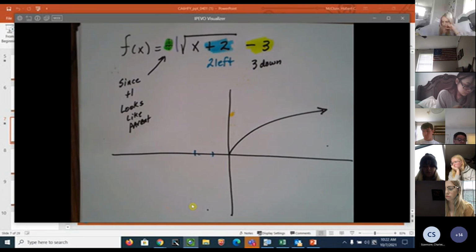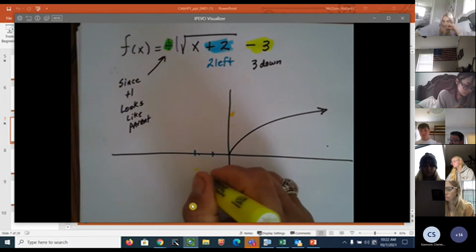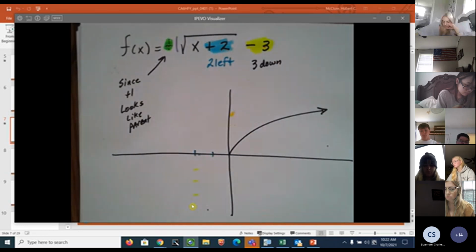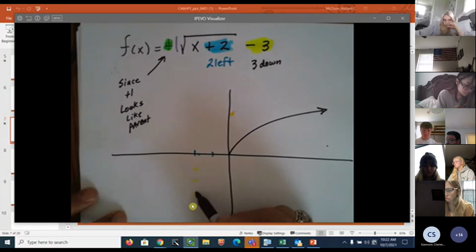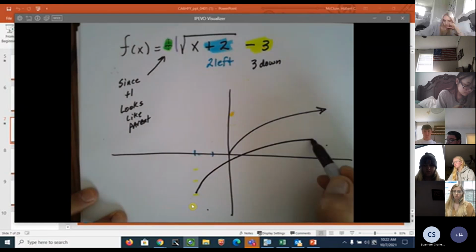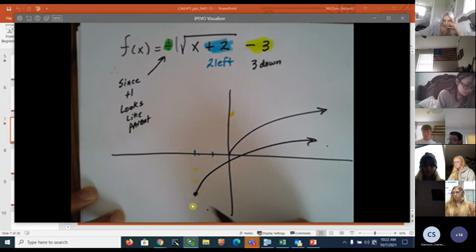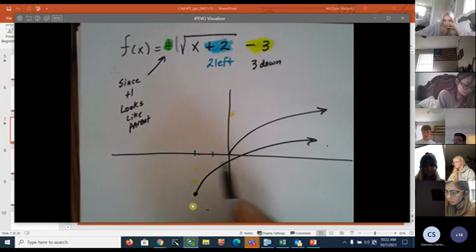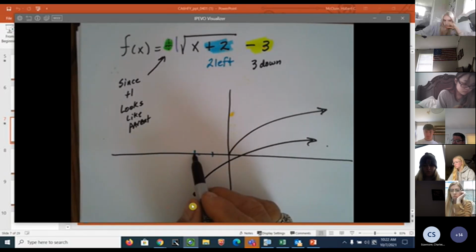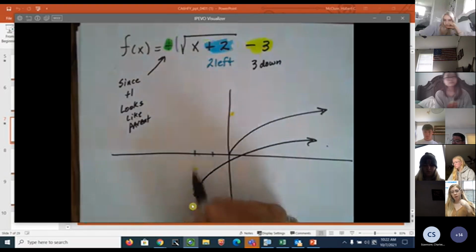And then 3 down is going to be 1, 2, 3. So now our parent graph is going to be right here. Same graph, just starts at a different origin because of the 2 to the left and then 3 down.